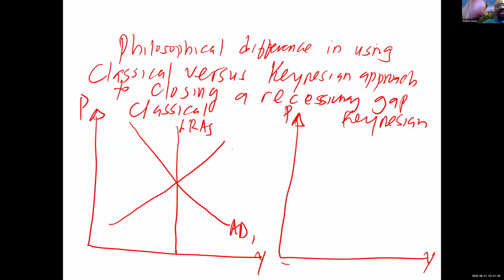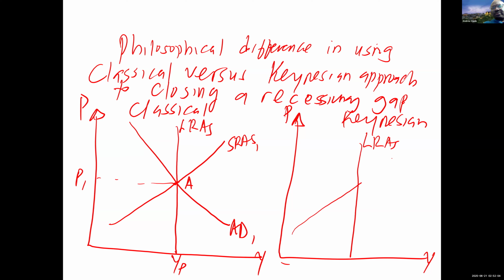This is your short-run aggregate supply curve 1, so point A. This is going to be P1. This is YP, full employment. Same thing here. This is your long-run supply curve. We're going to have our short-run supply curve here, then our aggregate demand 1.